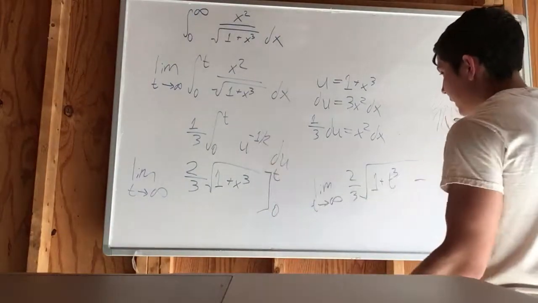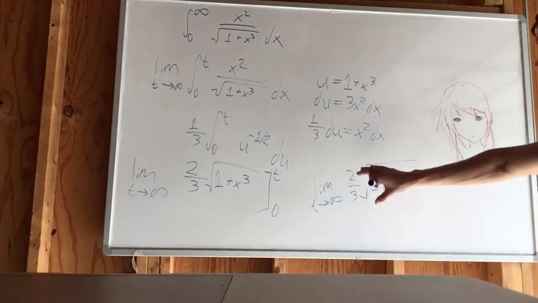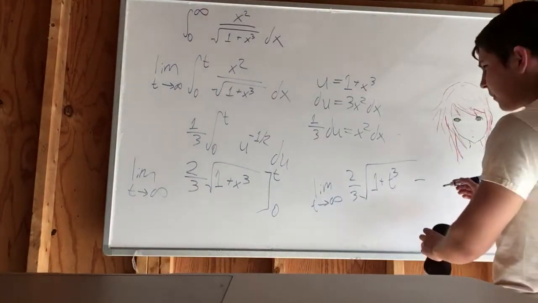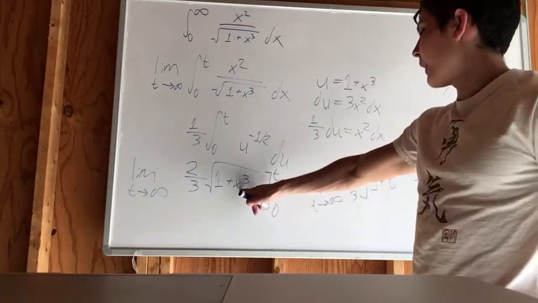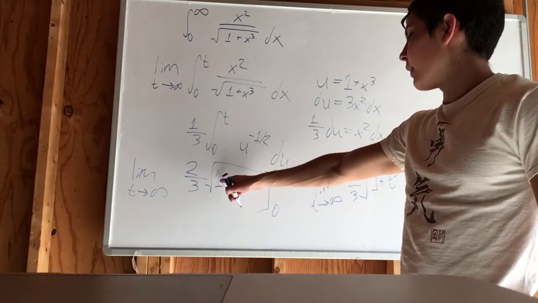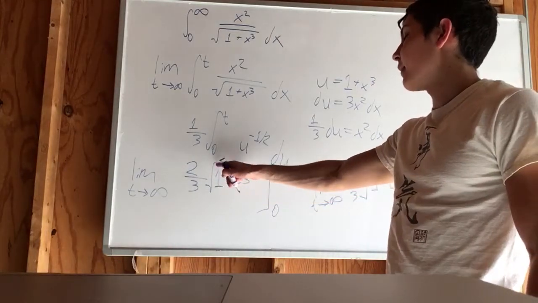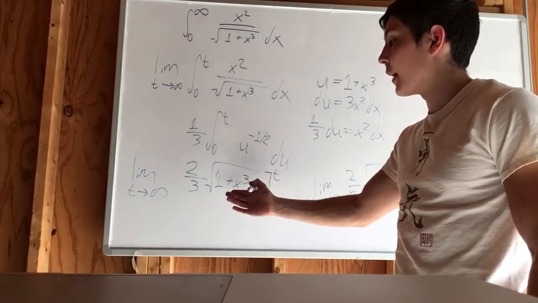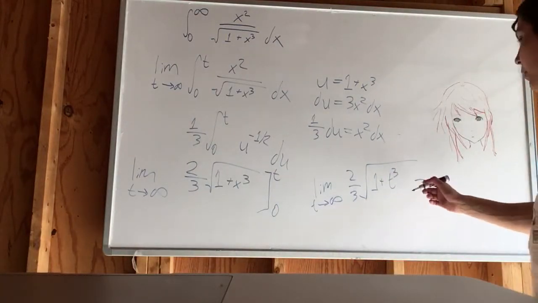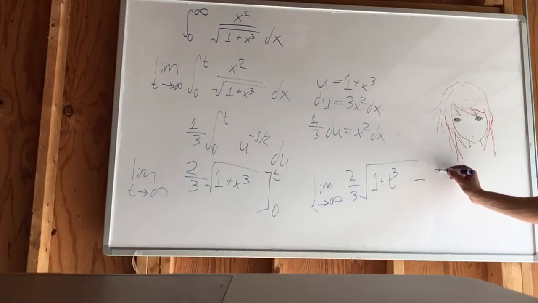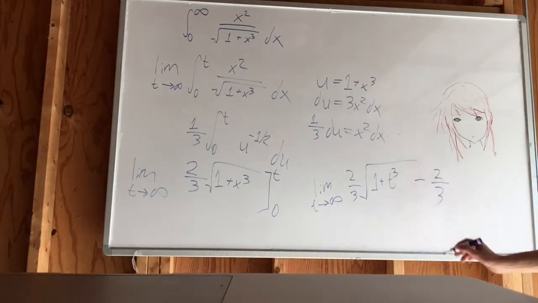There's not going to be a t in there, so we don't really have to put the limit over here. If you plug in 0 and add that to 1, and 1 is under the square root, that's just 1. Multiplied by 2/3, it's just 2/3. So we're subtracting 2/3.